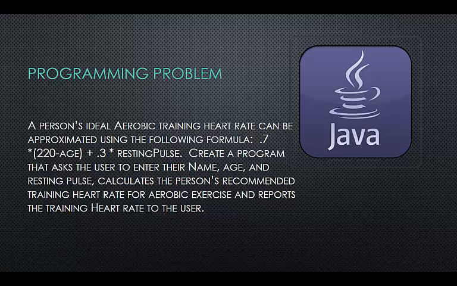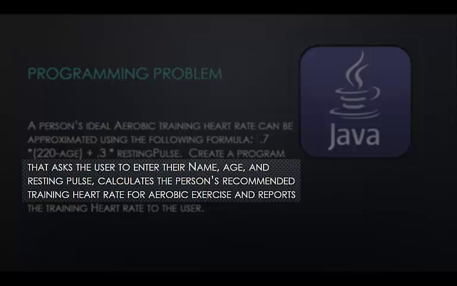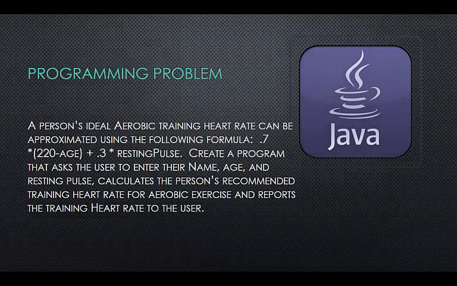We need to create a program that asks the user to enter their name, age, and resting pulse, calculates the person's recommended training heart rate for the aerobic exercise, and reports the training heart rate to the user.